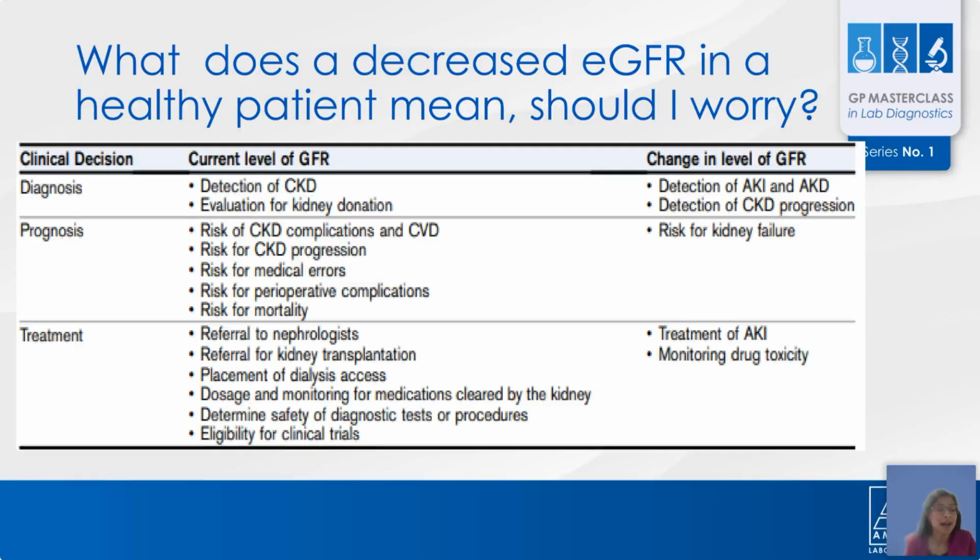Amongst others, they guide medication initiation, discontinuation, and dosing, nephrologist referral, planning for dialysis, and evaluation of kidney transplantation, as well as the utilization of contrast-based tests and procedures like CT scans and cardiac catheterization.